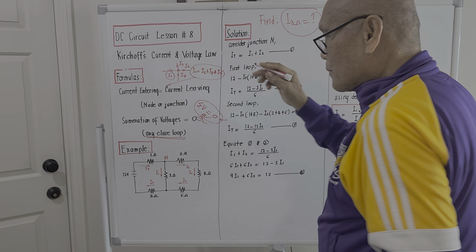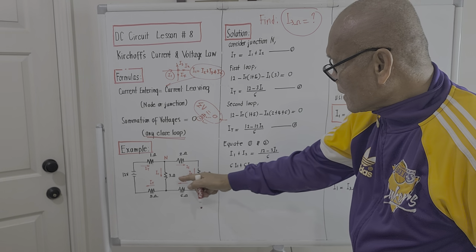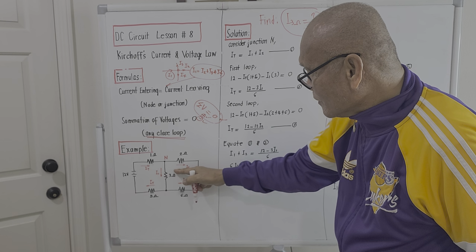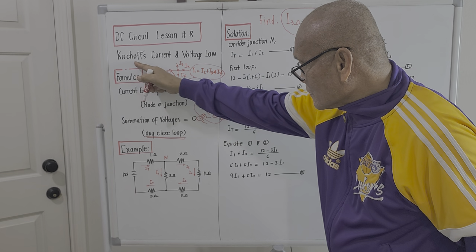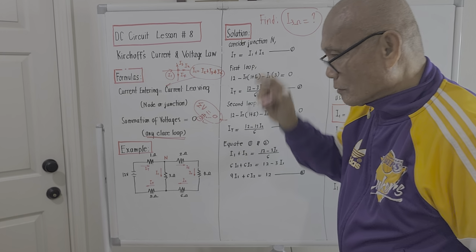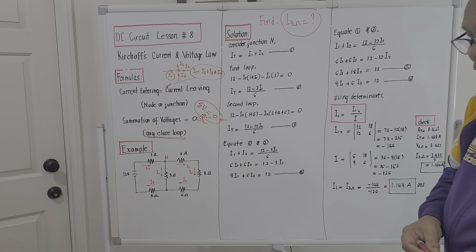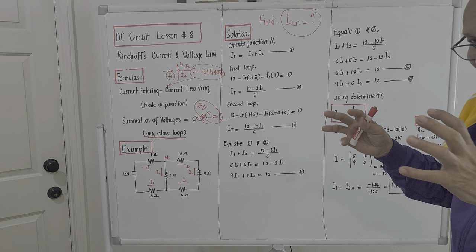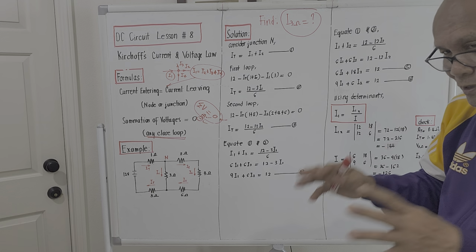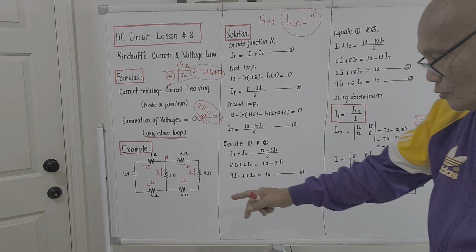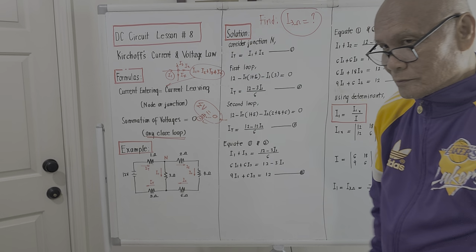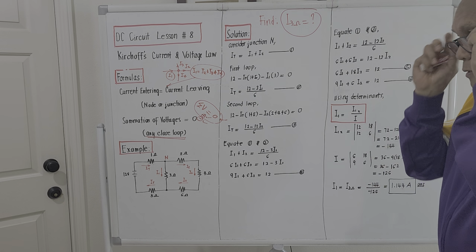The problem is asking what will be the magnitude of the current passing through this 3 ohms load by using Kirchhoff's current and voltage law. Actually we could present so many solutions here, but for the meantime, we are discussing Kirchhoff's voltage and current law. So if we try to compute for the current here, we will be using Kirchhoff's current and voltage law. Okay, let's proceed with the solution.